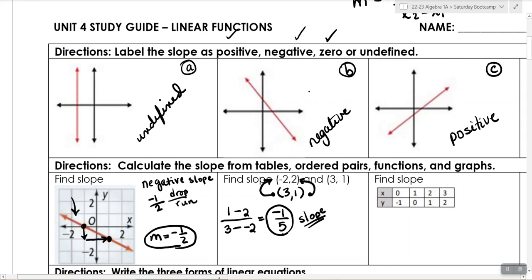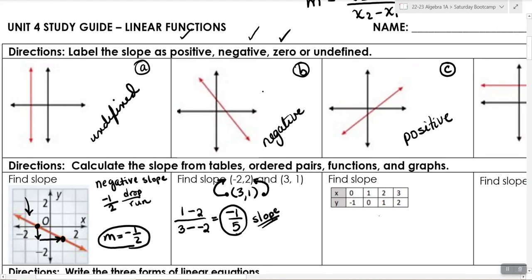Now, if I give you a table, do you know how to find the slope? So you got to pick 2 points. If they don't tell you which points to pick, then you can pick the first point and the last point. I would stack the points, 0, -1, 3, 2. And once again, I start with the bottom one. I start with the second and I subtract the first. With that mindset, that's how we were able to do our sequences, okay?